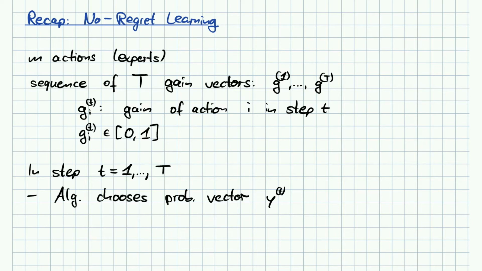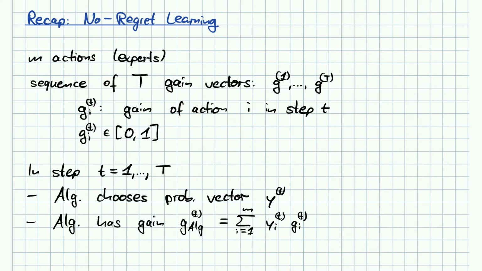And then the algorithm has a gain of the expected gain that you're getting when you're drawing one action according to this probability vector.